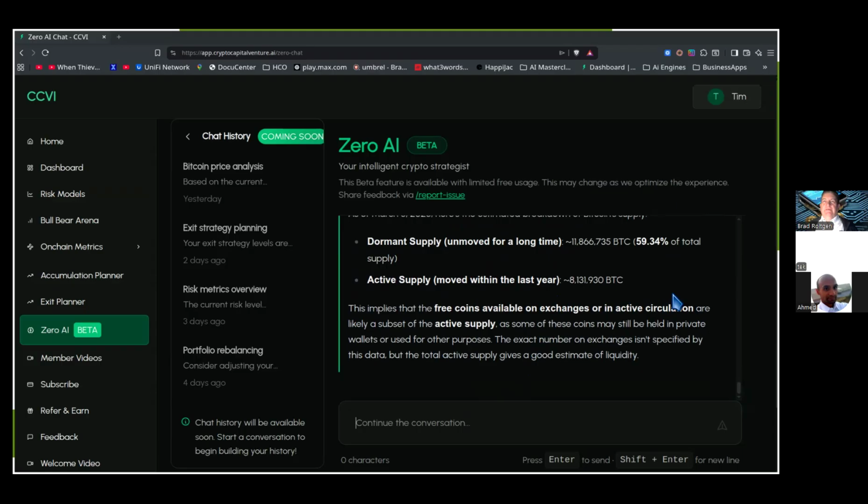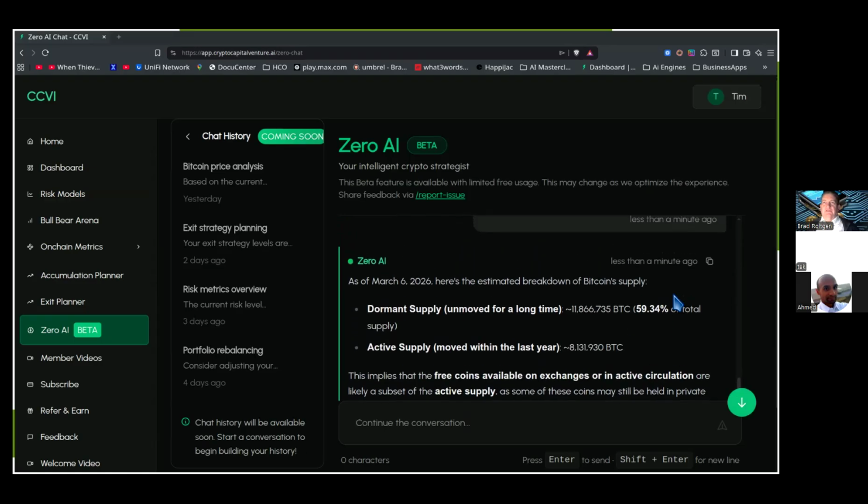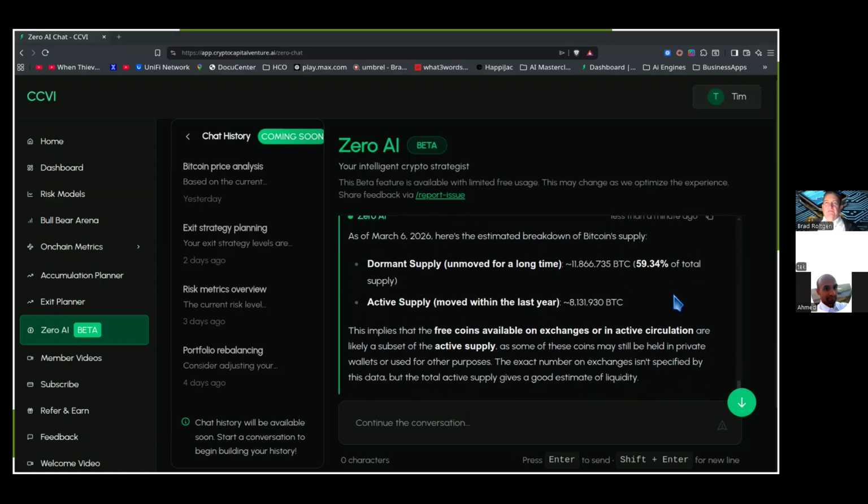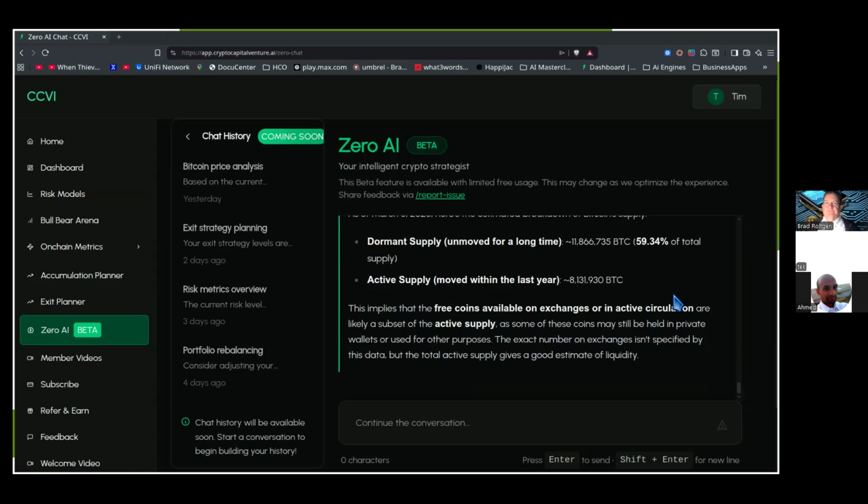The exact number isn't specified by this data, but the total active supply gives, yeah, because it's not differentiating between what's in my wallet and your wallet versus what an exchange is holding. Well, dormant supply, unmoved for a long time, is almost 60%. Right. That's definitely interesting.